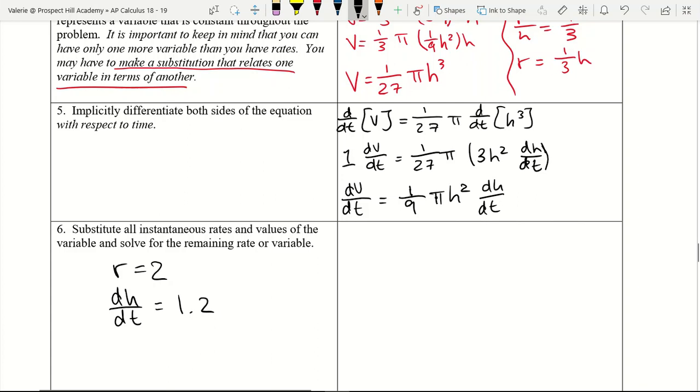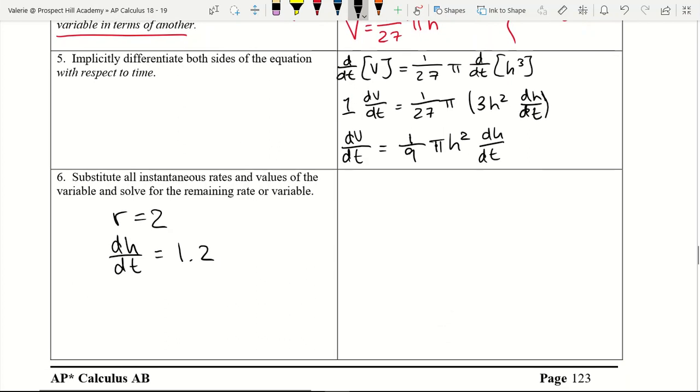Since we know the ratio of radius to height, r is equal to 1/3 of h, so 2 is equal to 1/3 of h, then h must equal 6.